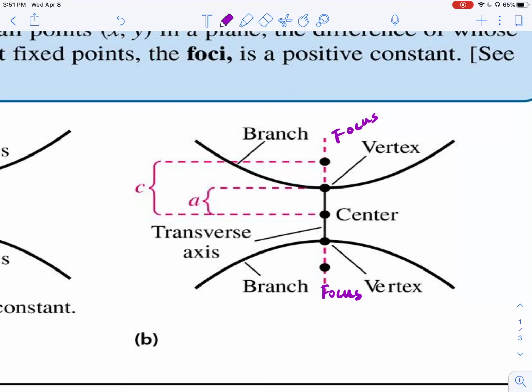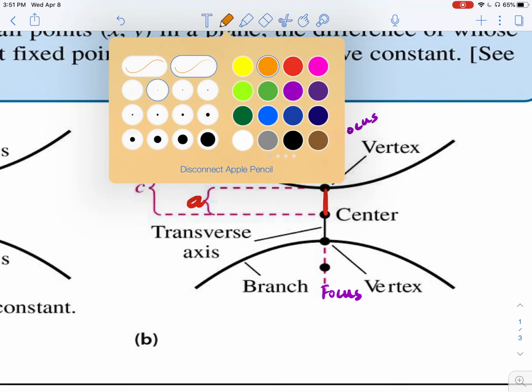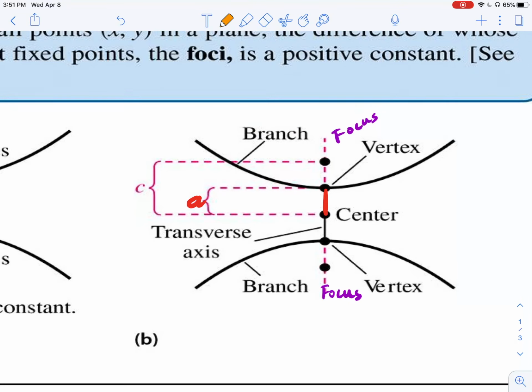Just like we did with ellipses, there are some key values that we can start finding. The distance between our center and our vertex is going to be our A value. As you can probably figure out, we'll be using these in our standard form equations. And the distance between our center and our focus is going to be our C value.